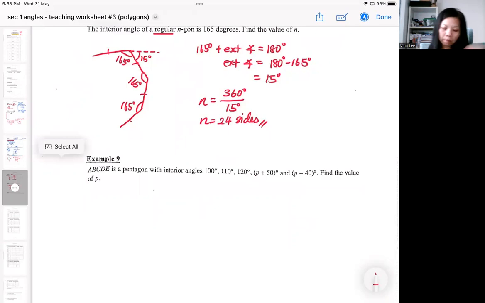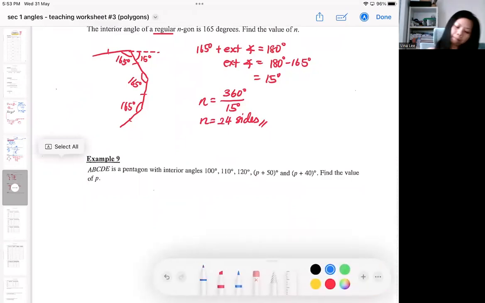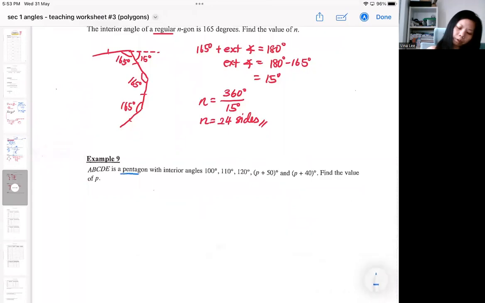Okay, the last one is a pentagon. They never draw it for you, but they do describe that it's a pentagon. So all these are the interior angles. You will expect 5 interior angles because it's 5-sided.